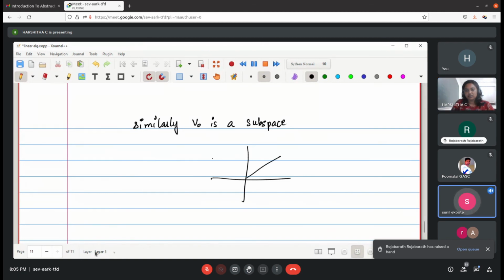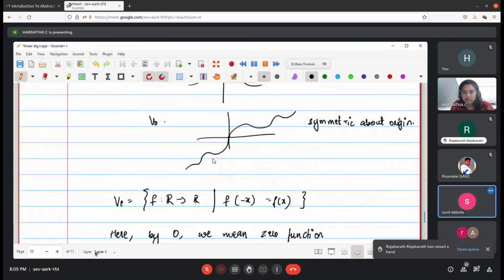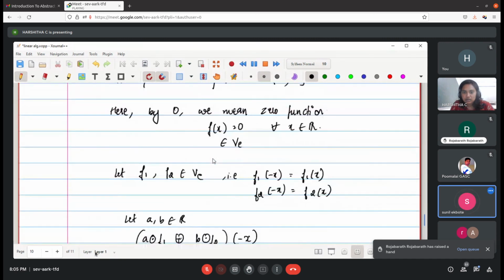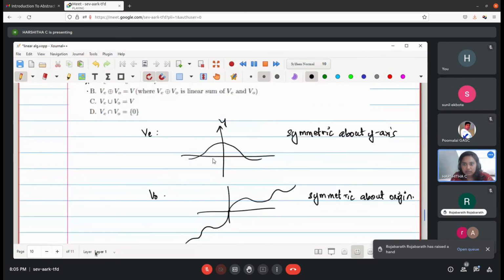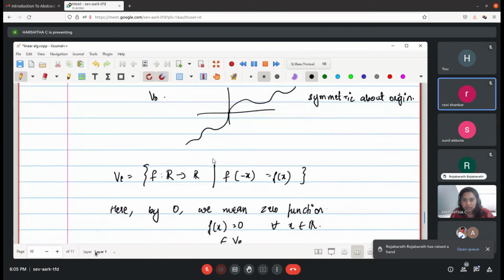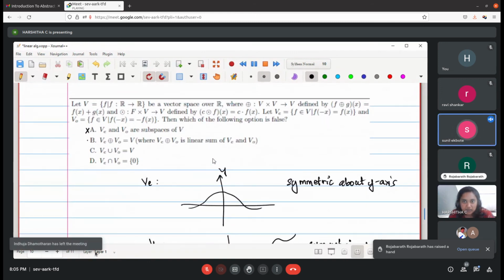You have written f of minus x equal to f of x. It is f of minus x is equal to minus f of x, not f of x. No, ma'am, even function. Am I wrong? Even function is f of minus x equal to f of x, right? It is given f of minus x is equal to minus f of x. No, not this one, VE. In the first case.